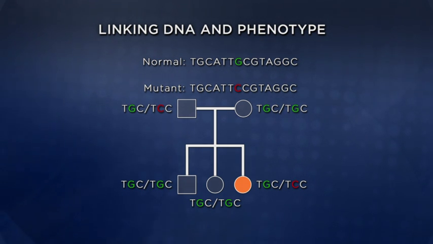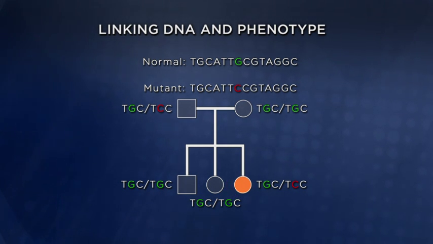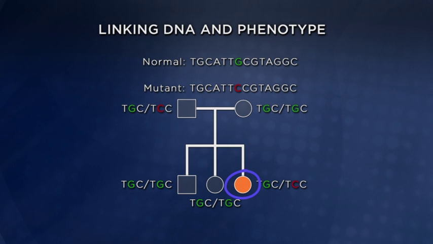But this woman here, who might be Ellen in our example, inherited a C, TCC, from dad. And it so happens that this woman has breast cancer. You see the linkage? The linkage between a mutation that we can easily detect and breast cancer, whose gene we don't know about yet.